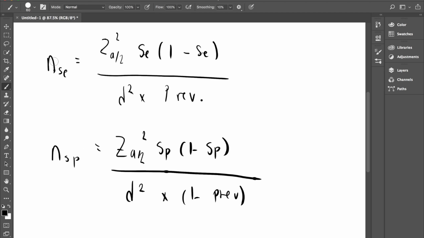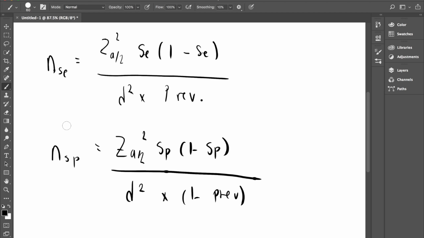For example, if it's important to me to reduce my rate of false negatives, then it's important to me that I increase my sensitivity, right? If it's important to me that I want to reduce my rates of false positives, then it's important to me that I increase my specificity, right?